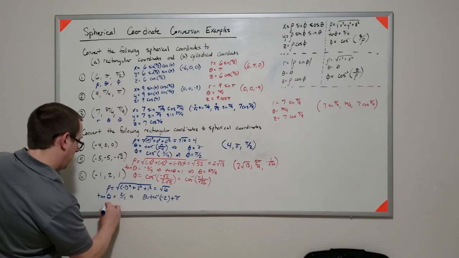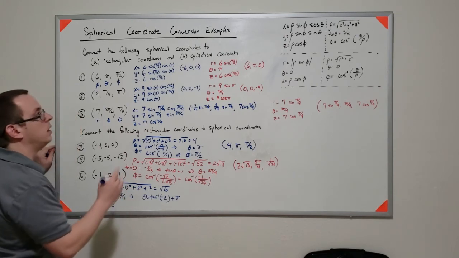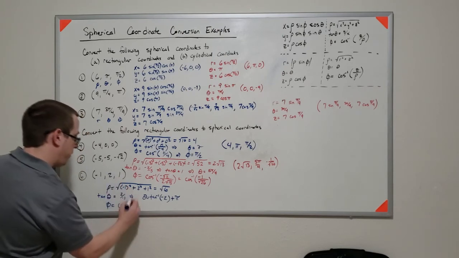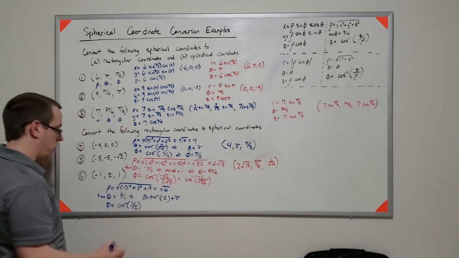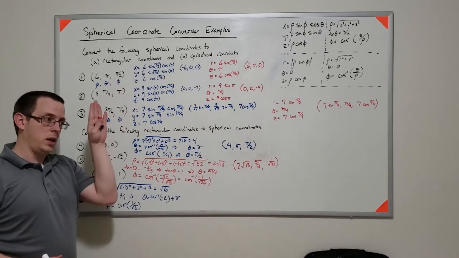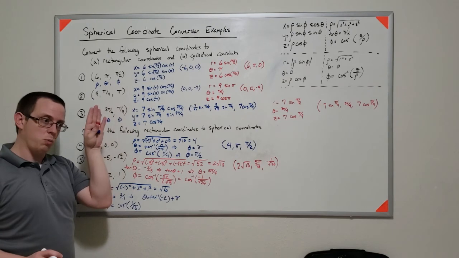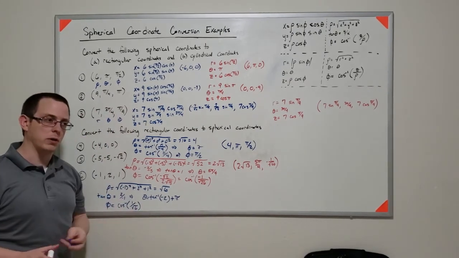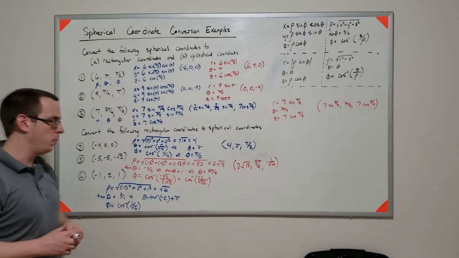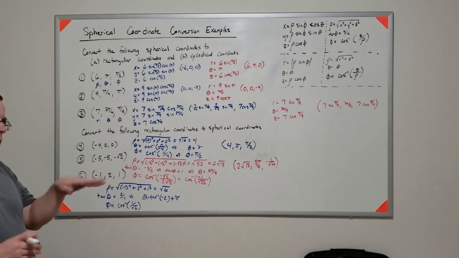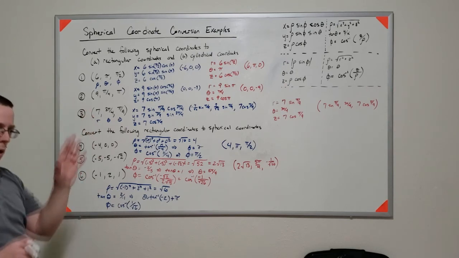And then finally, phi is the arc cosine of the z value divided by the rho value, so 1 over the square root of 6. Remember I said that it's more than 0, but it's definitely not all the way to pi over 2. That's much, much smaller, much closer to 0, which makes sense because you're decently high overall.